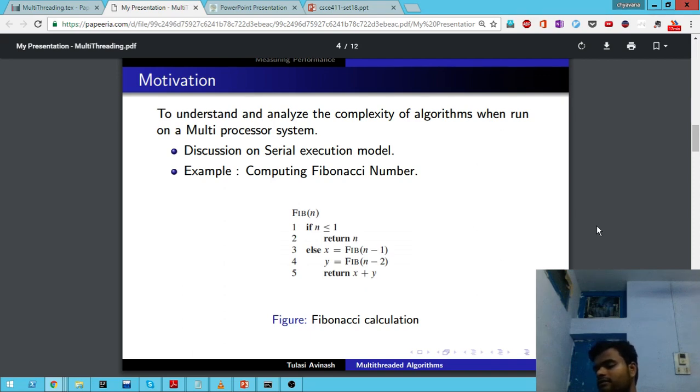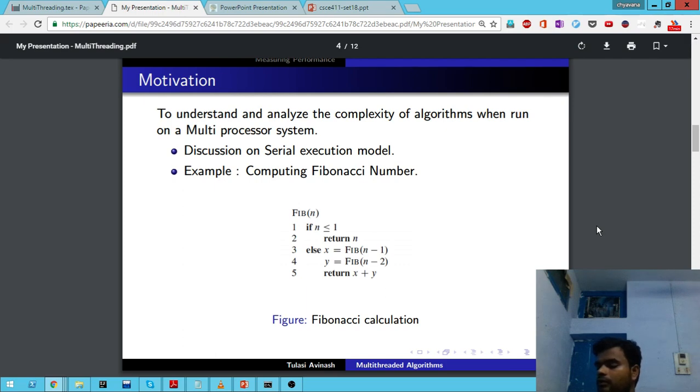So f of 4 just calls f of 3, and f of 3 again starts executing. It calls f of 2, which calls f of 1. Now f of 1 returns a value 1. Now f of 2 will call f of 0, which returns a value 1. Now f of 2 returns a value 2. f of 3 calls f of 2, f of 2 calls f of 1, f of 1 returns a value, f of 2 calls f of 0, f of 0 returns a value.